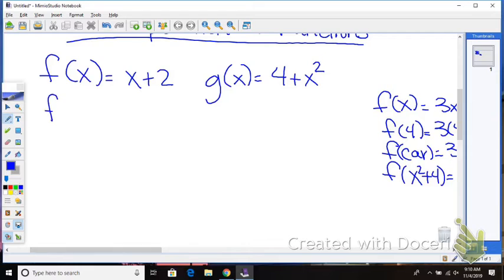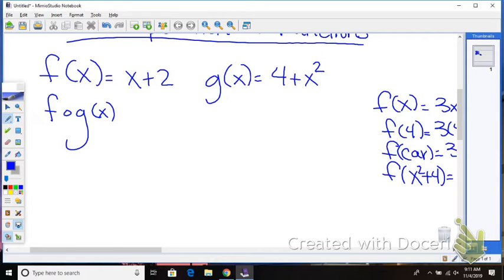So in your book, it's going to look like this. Now you can start writing down again. It looks like f of g. We did this last year, so this is all going to start looking somewhat familiar. But this means f of g of x.